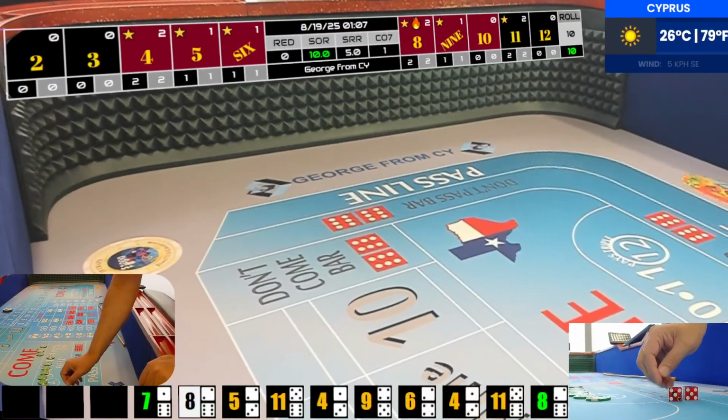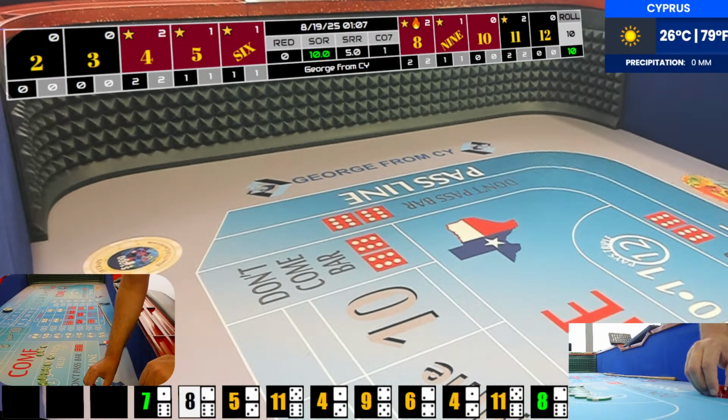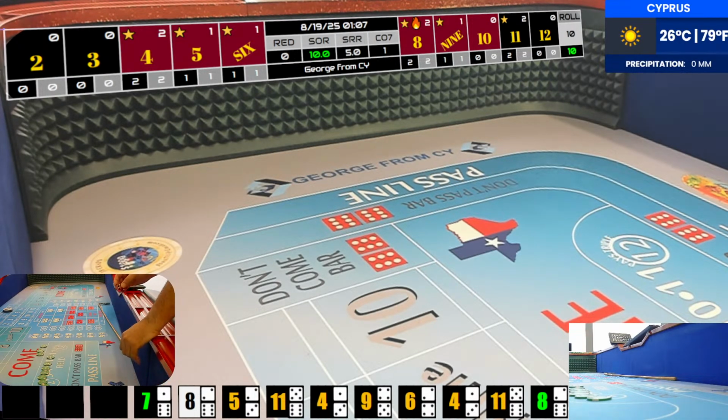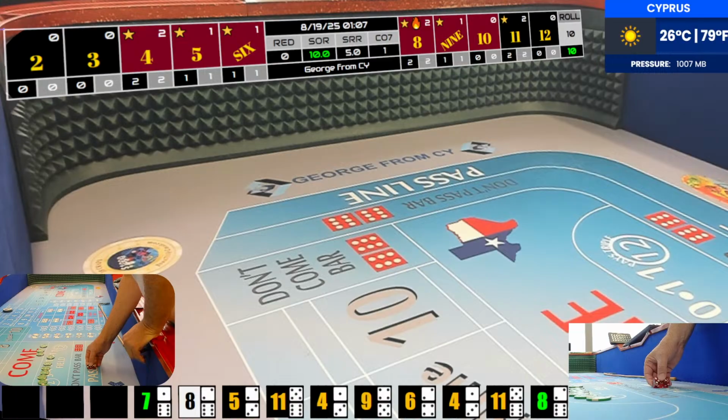4, 6, 4, 5. We're going to go to 4, 5, 4, 1. Dice up.